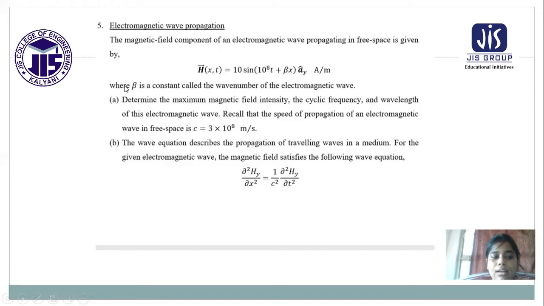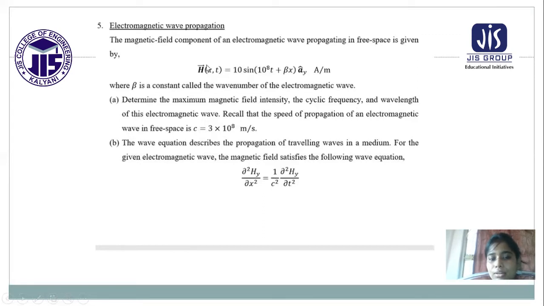Here beta is a constant, called the wave number of the electromagnetic wave. You have to determine the maximum magnetic field intensity, the cyclic frequency, that is N, and the wavelength, that is lambda.